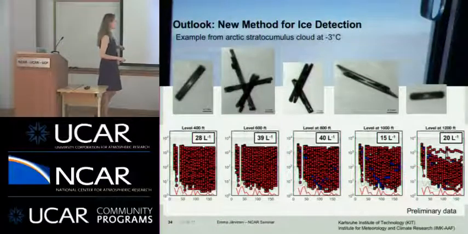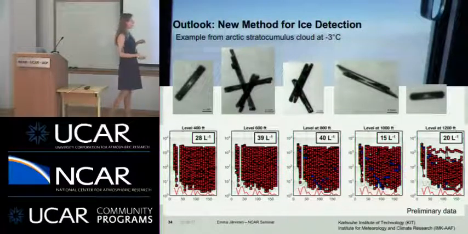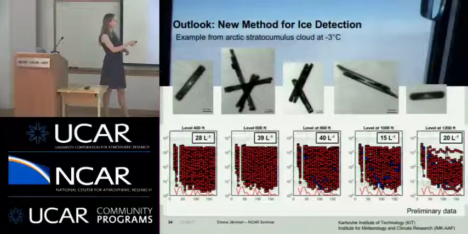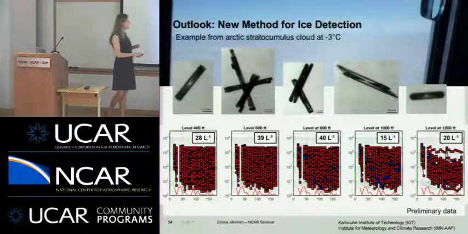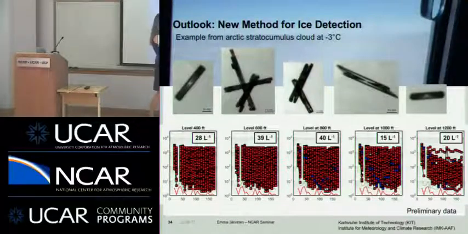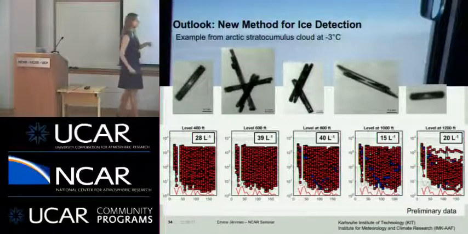But if we take the scattering function of each single particle, we can investigate the rainbow slope and then say automatically if this particle is an ice or a liquid droplet without even looking at these images. The red ones are assigned to be ice particles, so we have these flat scattering phase functions, and the blue ones are assigned to be liquid droplets.